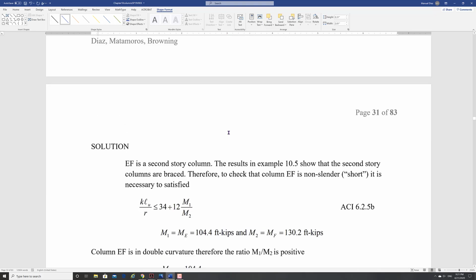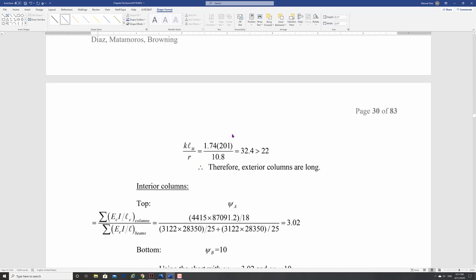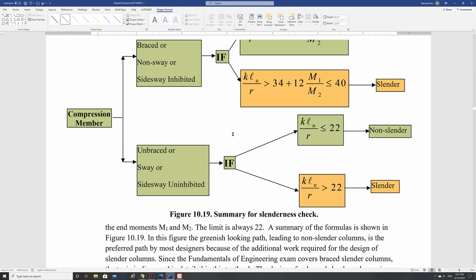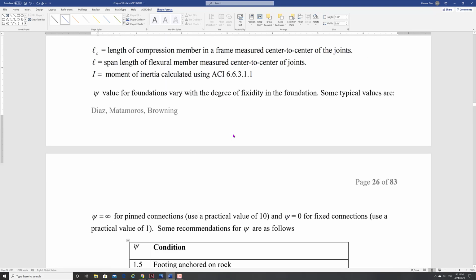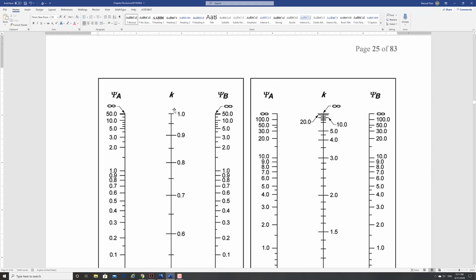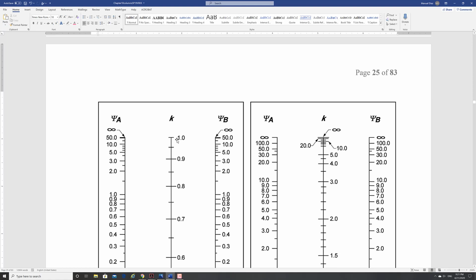Now, notice that in the case of the braced cases, the non-sway cases, the maximum value that you can get for k is 1. Anything else is going to be less than 1. So a lot of people, to avoid doing lots of calculations, assume a k value of 1.